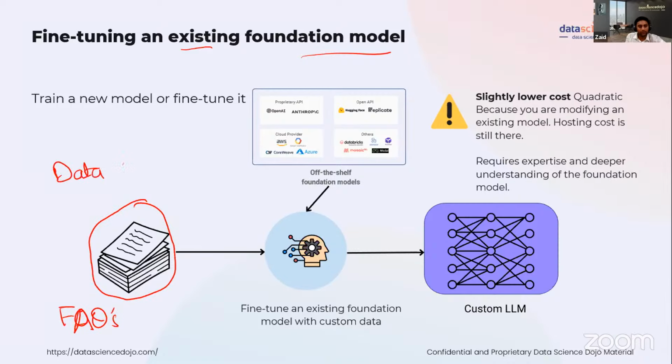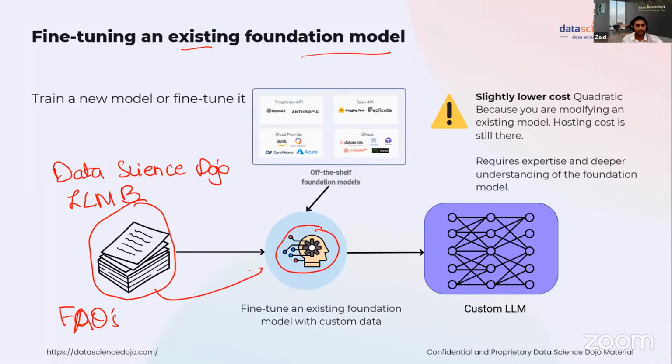Since Data Science Dojo has recently launched this large language model bootcamp, if I have the data set of this bootcamp, I can fine-tune an open source model and train my large language model on top of my own data. Then I would be able to query information from it.